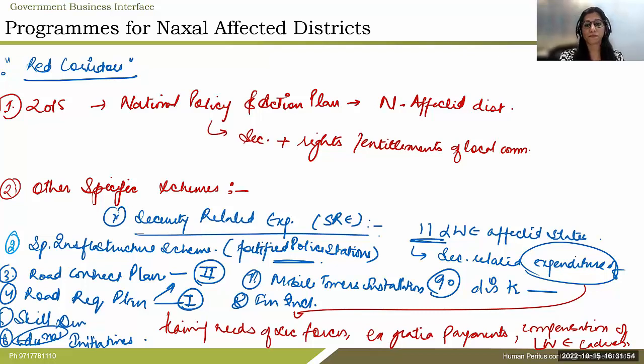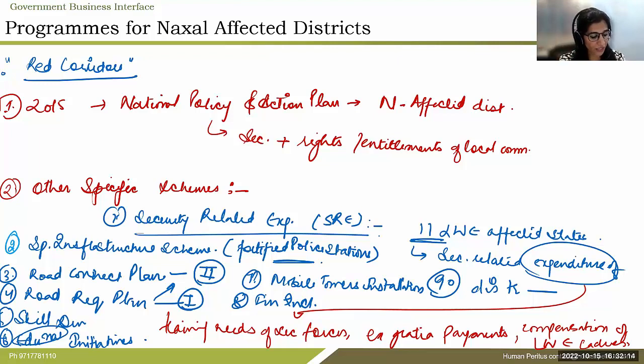So today in our class, we have discussed the topic of government policy for the development of backward areas or regions. All right, it is a topic under GBI. We have divided the topic to have a comprehensive coverage.